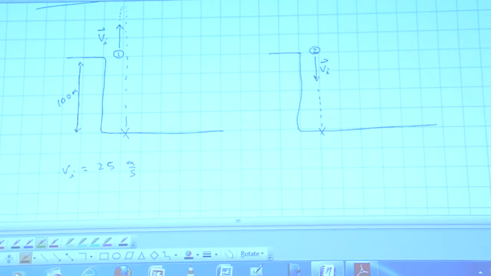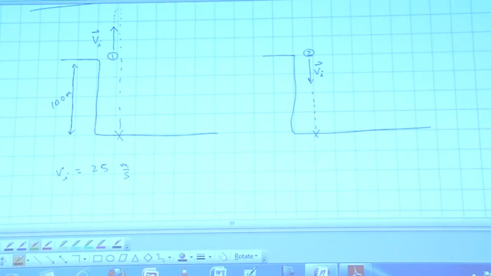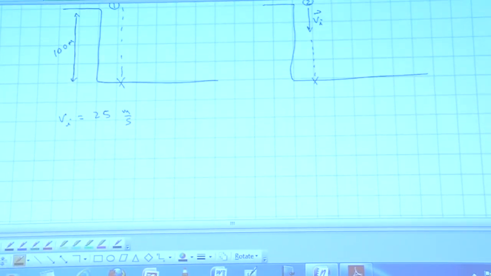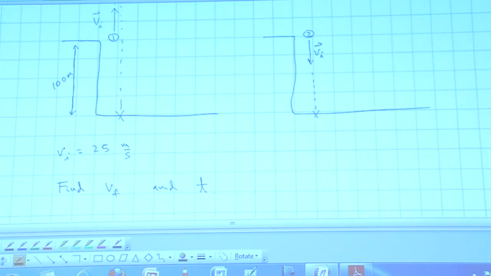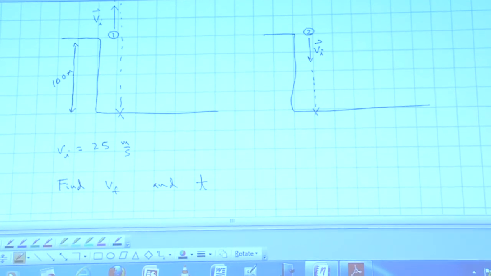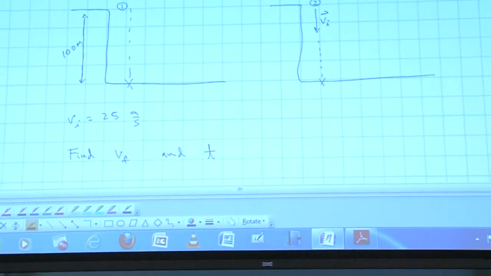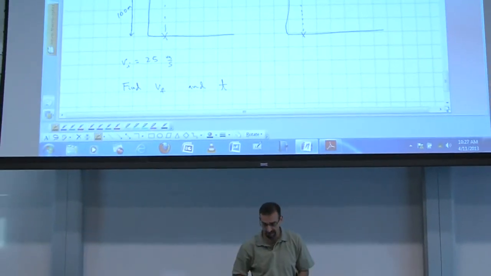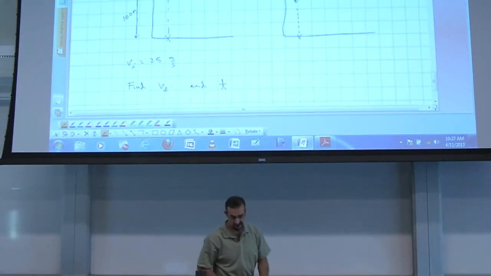And let's find V final and the time. Okay. And why don't we just split the room here. This half will do condition 1 where it gets thrown up, and this half can do condition 2 where it gets thrown down, and we'll compare our answers.